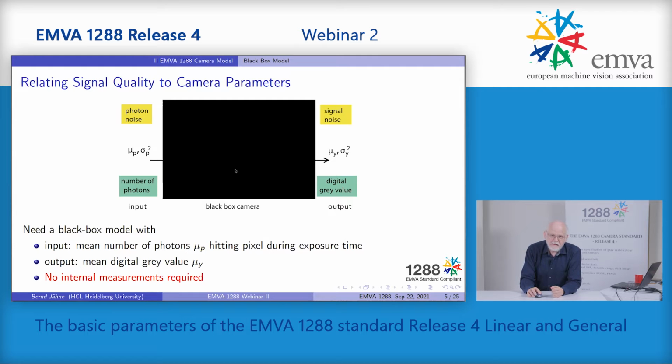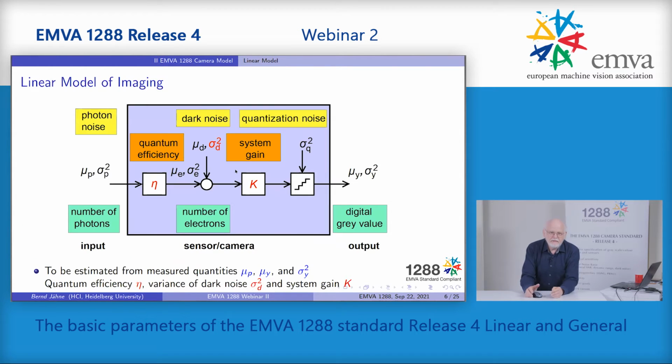Let me go a step back and show you what the linear model was in 3.1. There we simply said, well, the photons are converted into charge units with an efficiency, which is called the quantum efficiency. Then you have additional noise sources within the camera and also dark signals.